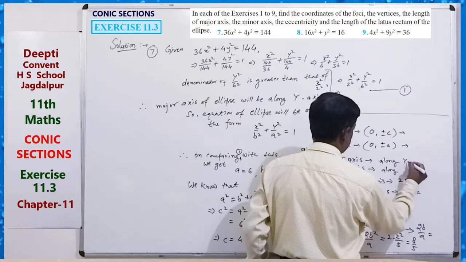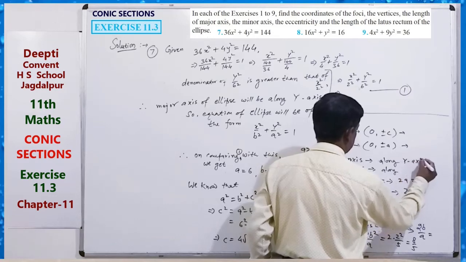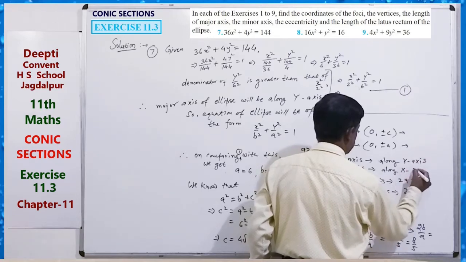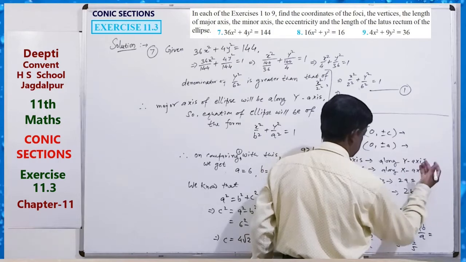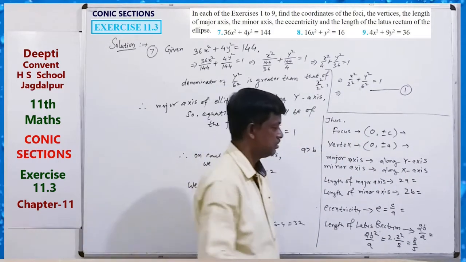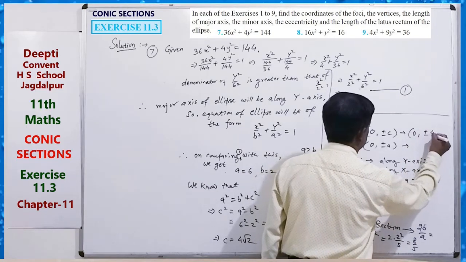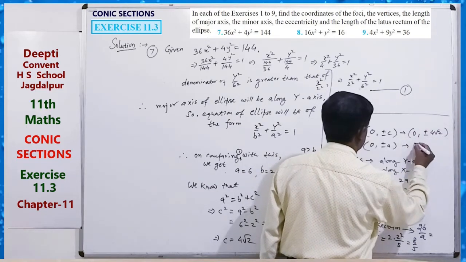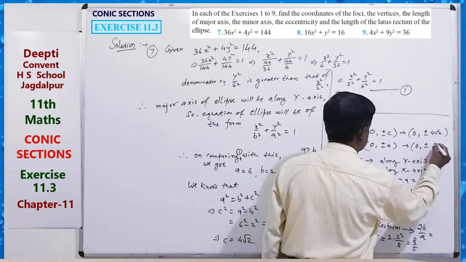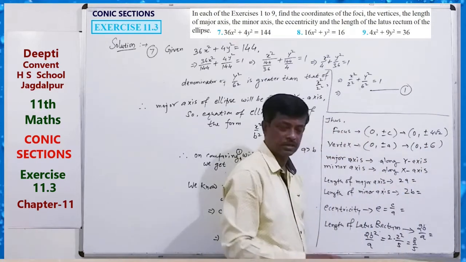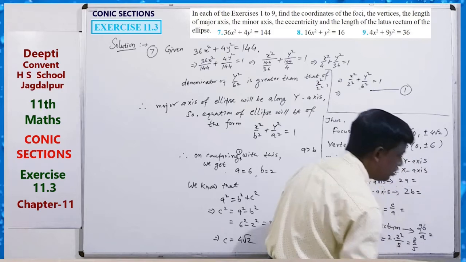So the values are 0 plus minus 4 root 2 and 0 plus minus 6. These are the values.